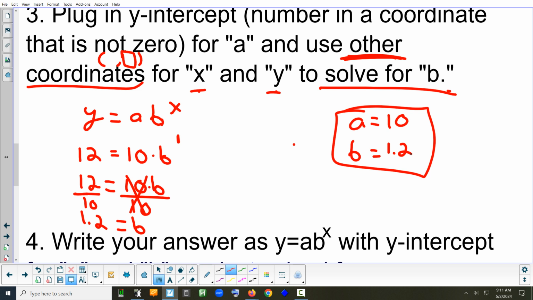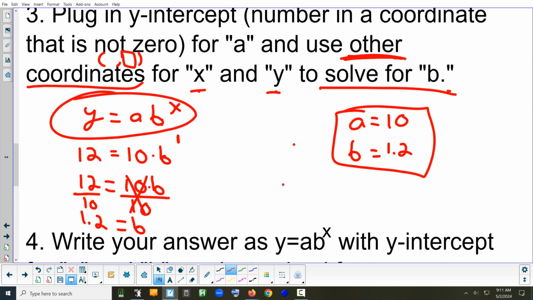All right, so we've got the a, we've got the b. Can somebody tell me the final answer? Plugging those two things in and leaving it just like that. Well, remember, when you write your final answer, we're just going to fill back in for the a and the b. So we're going to leave the x and the y.